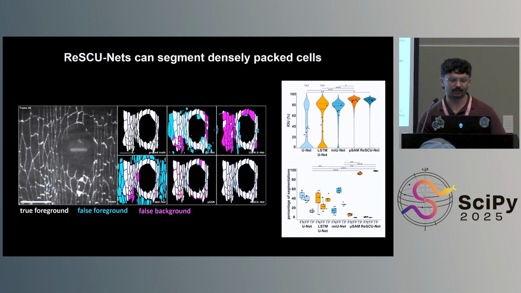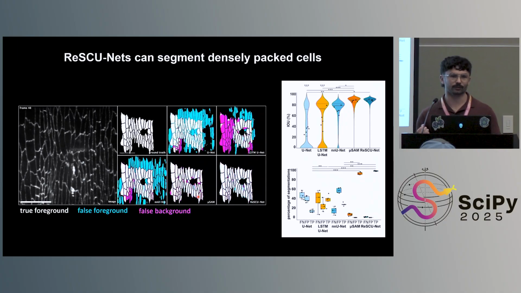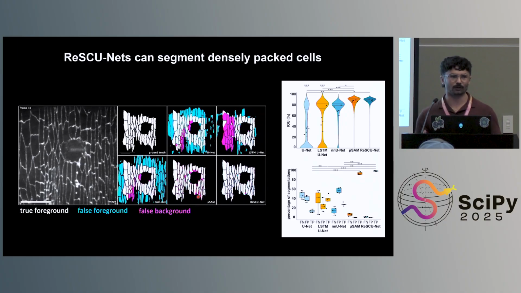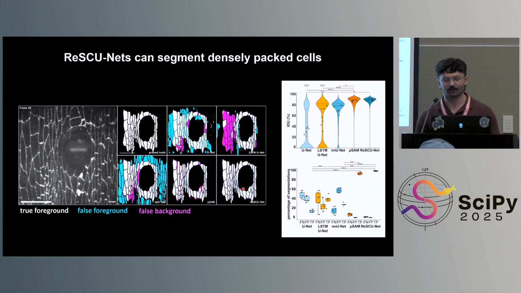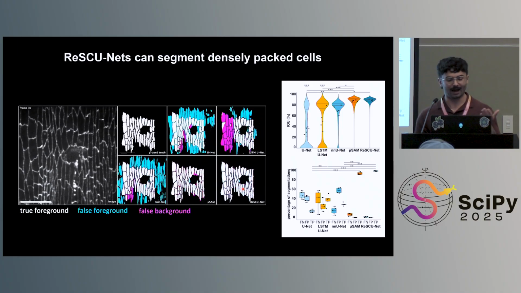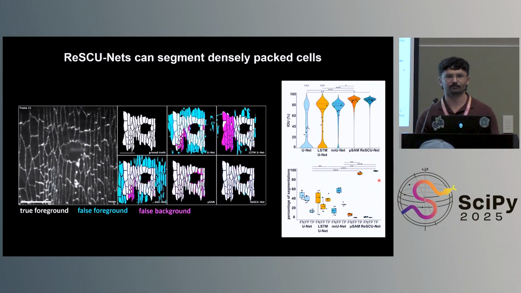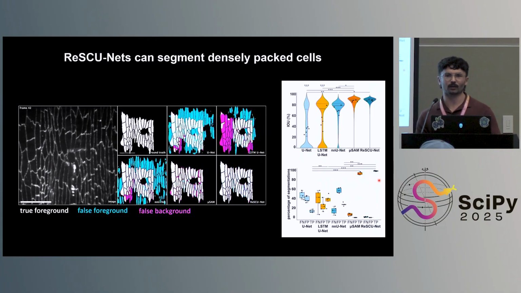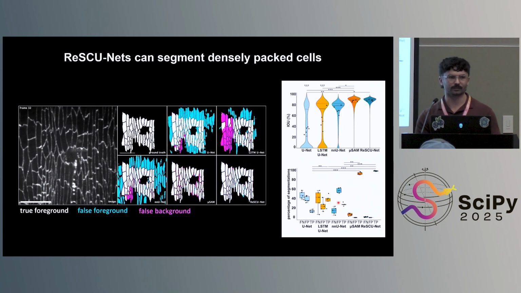However, you can see, especially demonstrated in this video, those segmentations aren't consistent over time because, again, it wasn't trained on this problem-specific data. ReSCU Nets, however, are able to, again, accurately and consistently grab these cells, and we can see that segmenting a video with a ReSCU Net would require much less effort compared to any of these other networks.